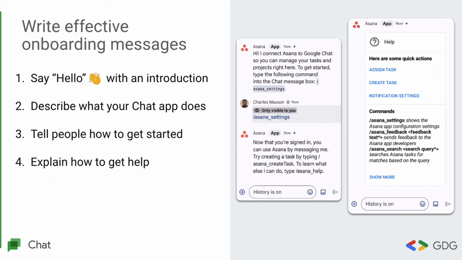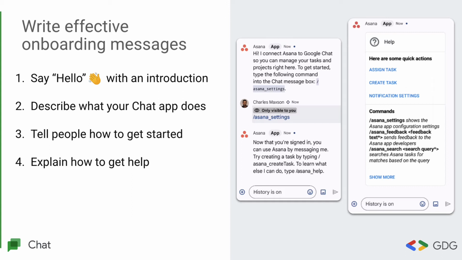Don't blast a list of every single one of your features. Users tend to gloss over long setup messages and probably won't recall everything anyway. Just stick to the essentials. And that also goes for telling folks how to get started and also where to go to get more help. Both of these are essential, and a solid help command is an absolute must.